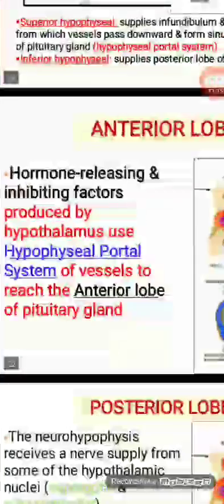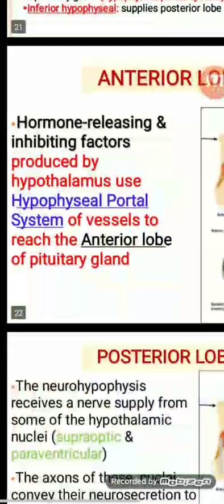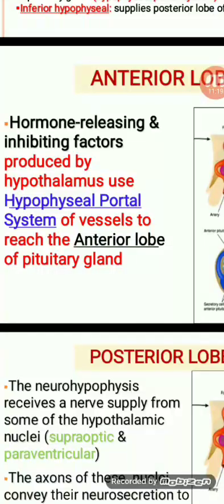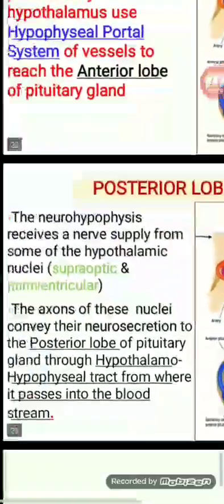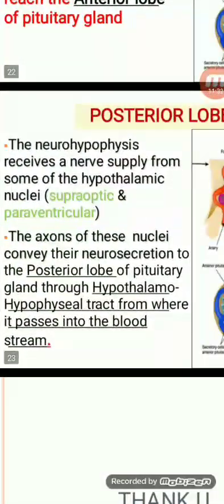See the anterior lobe: releasing and inhibiting hormones produced by the hypothalamus use the hypophyseal portal system of vessels to reach the anterior pituitary gland. The posterior lobe, as you can see, the neurohypophysis, receives nerve supply from the nuclei of the hypothalamus, supraoptic and paraventricular nuclei, through their axons.